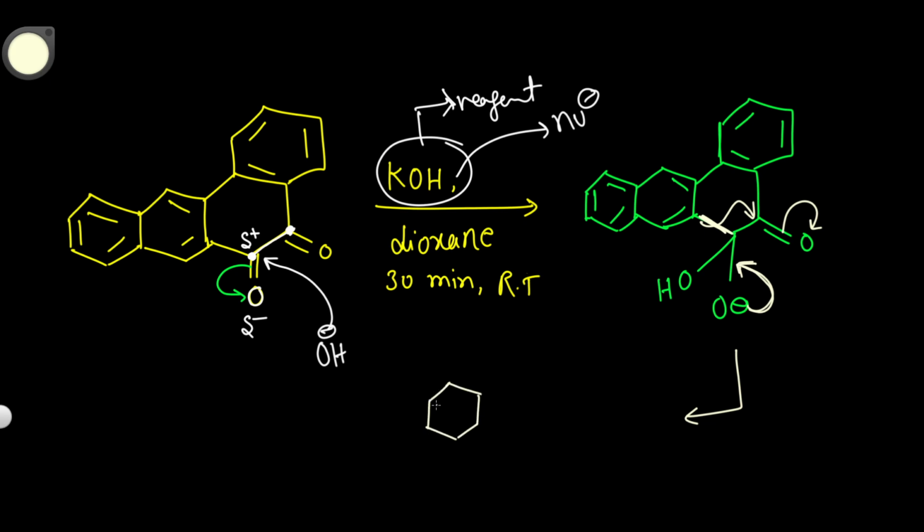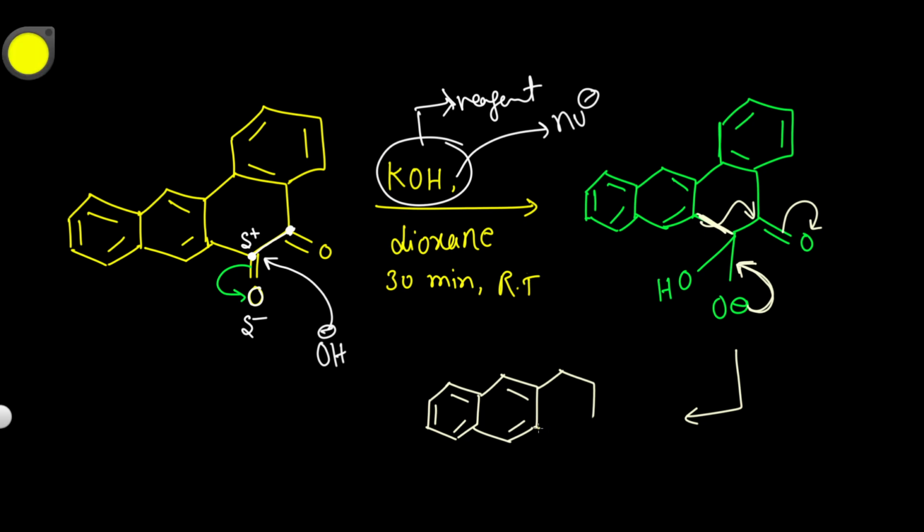I am telling all the reaction steps fully with the mechanism, not just writing the direct step. I am doing all the steps. Because this group will migrate onto this carbonyl center, that's why we have to show some different colors.